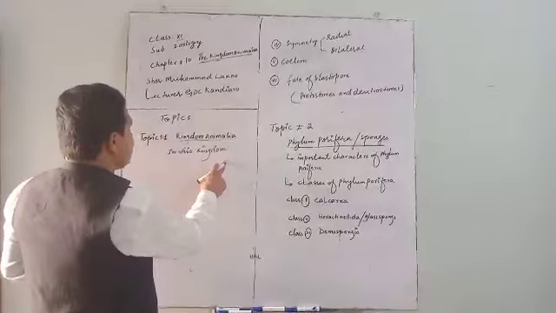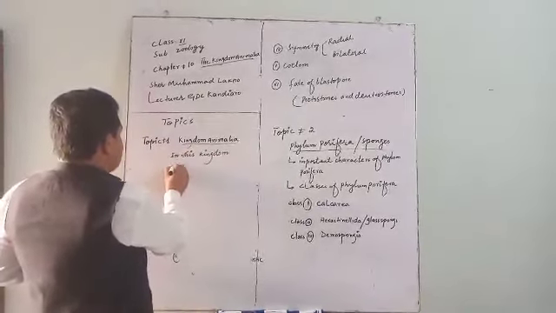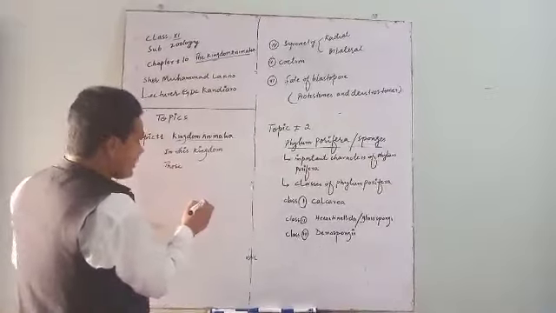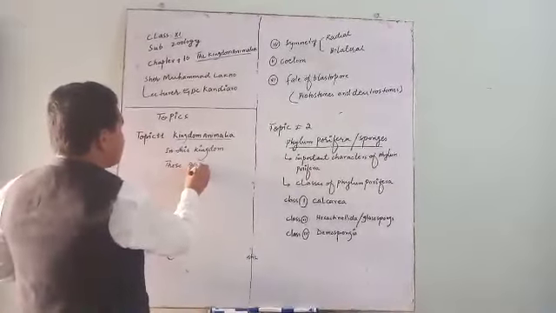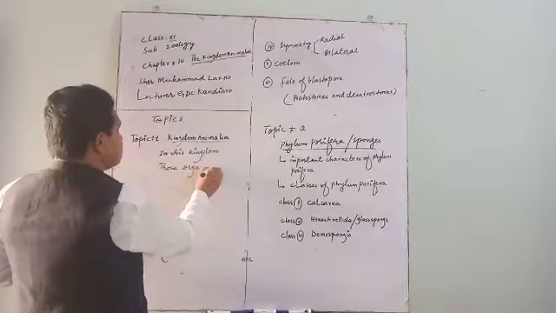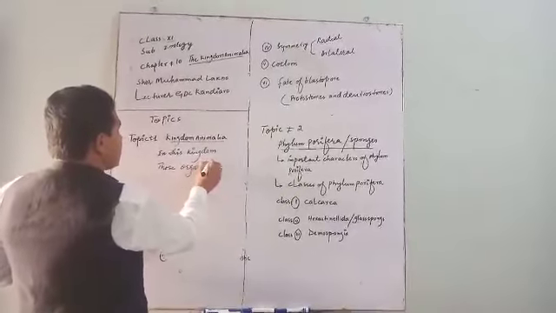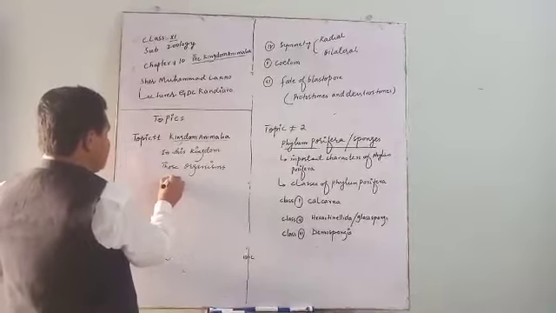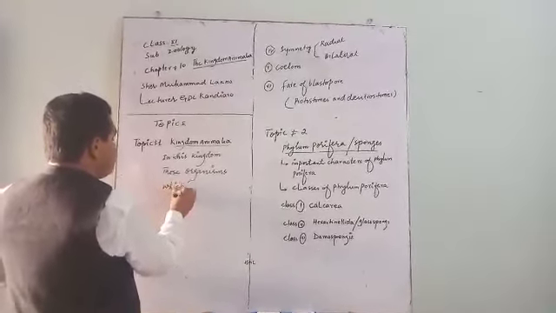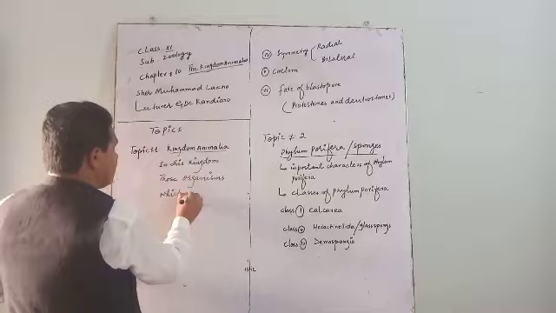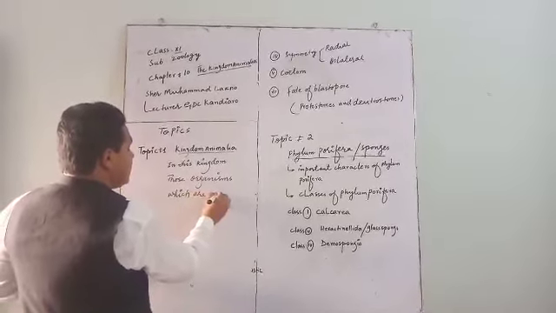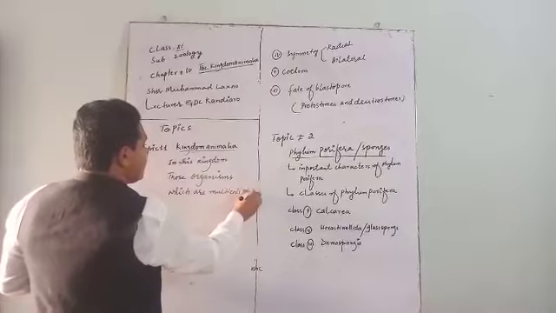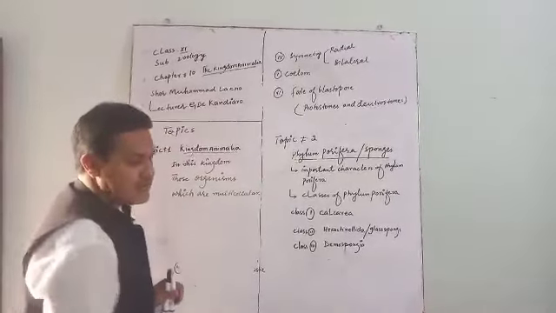In this kingdom, those organisms are included which are multicellular. As we know, there are two categories of living organisms.